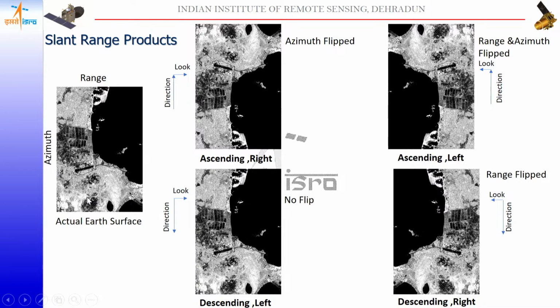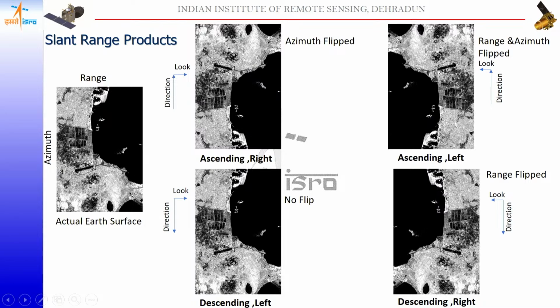The SAR will acquire this data first and write it at the top. So in this case it is flipped in the azimuth direction, or y direction. In case of a slant range product acquired in ascending right look, the data is flipped in the azimuth direction.